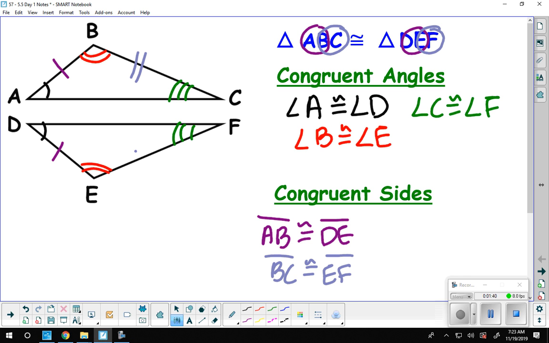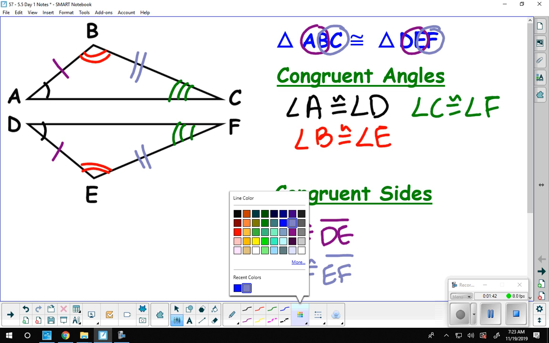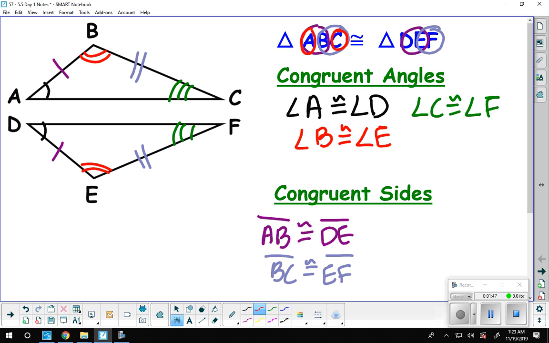So here's BC, here's EF. And then last but not least, we have the first and third letter. So segment AC is congruent to segment DF. Here's AC and here's DF.